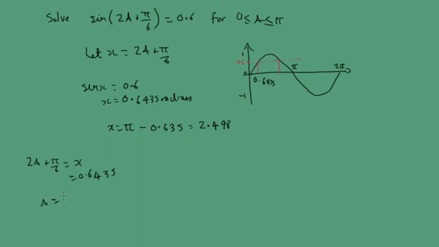Rearranging all that, we'll get a is equal to half of 0.6435 minus pi over 6, which is equal to 0.0600. And doing it for this value as well, you'd work it all out and you'd get a is equal to 0.987. So these would be the two values for a.